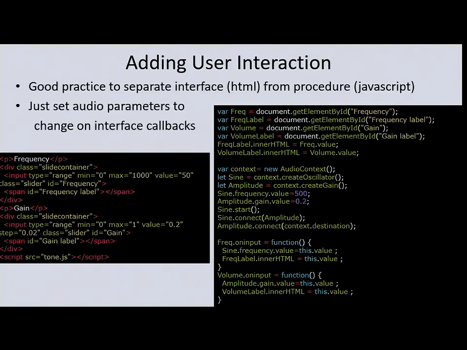So we create two sliders, one for the frequency of the tone that we create, one for the gain of the tone that we create. And we have the same code as before, but now we get the frequency value, we get the gain value, and we update the frequency and the gain of our audio nodes whenever the user interacts with them.